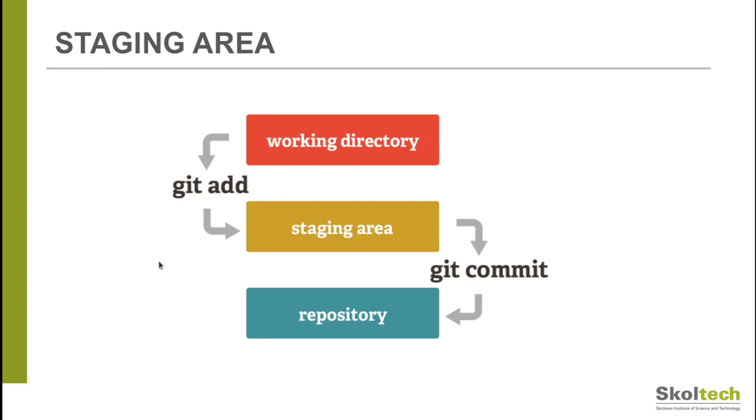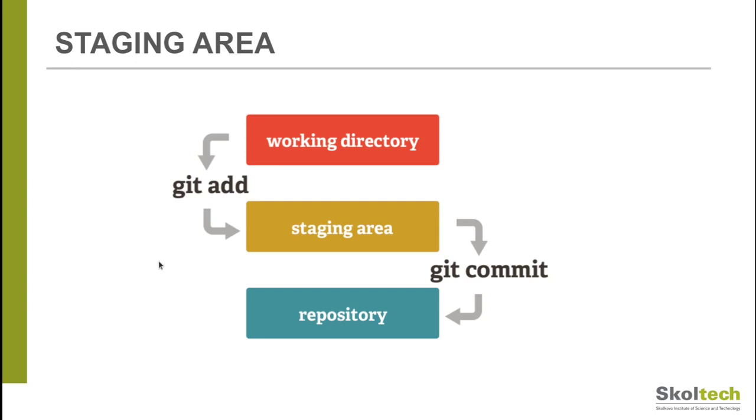For example, imagine a scenario where you have implemented two separate features and you want to create two separate commits, where the first introduces the first feature and the second introduces the second feature. Or imagine a scenario where you have debugging print statements added all over your code, along with a bug fix.